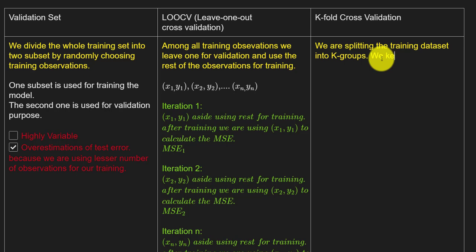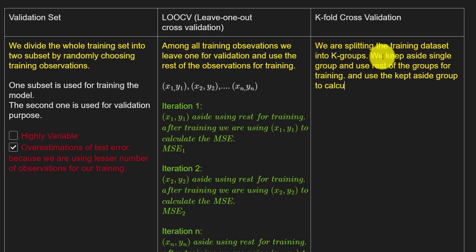As we do in LOOCV, we keep aside a single group and use the rest of the groups for training purposes, and use the kept aside group to calculate the MSE.